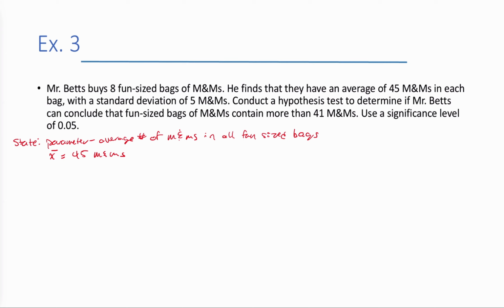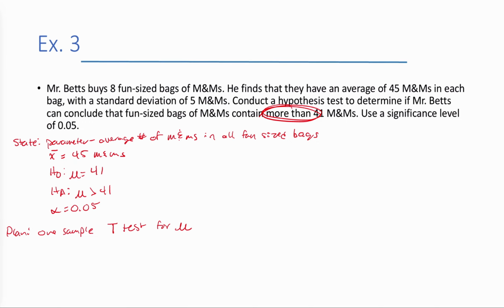Our null hypothesis is that the actual average is 41. Our alternative, more than 41: mu is greater than 41. And our alpha equals 0.05. We name our test. It's a 1-sample t-test for mu.